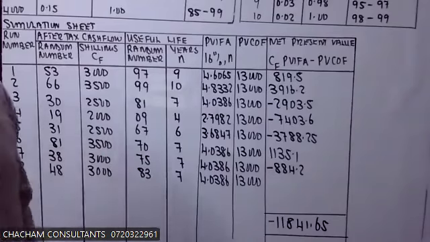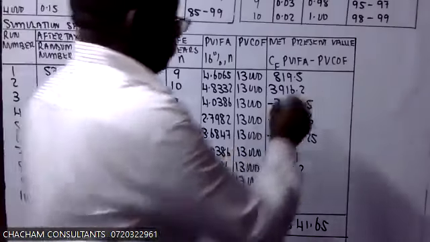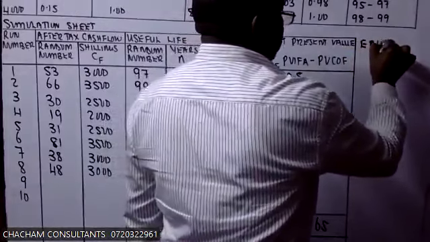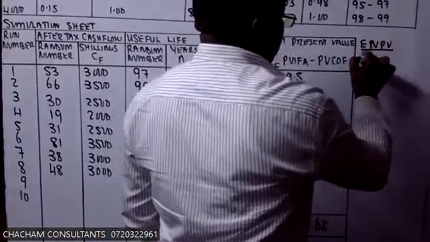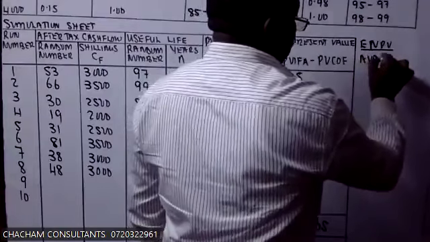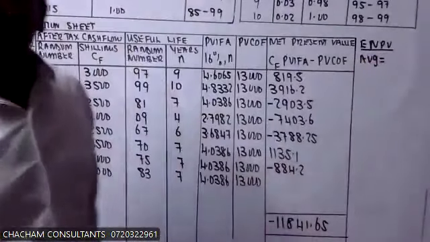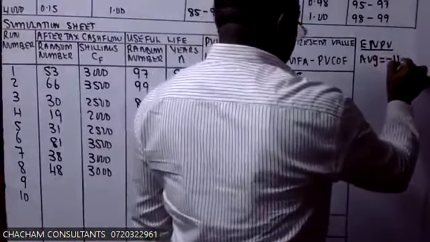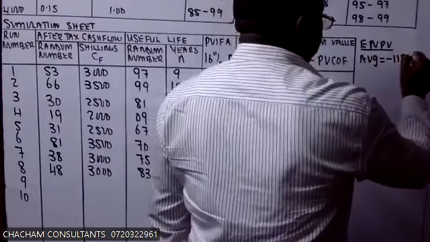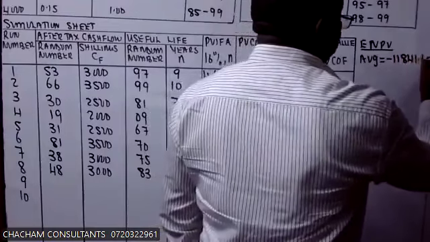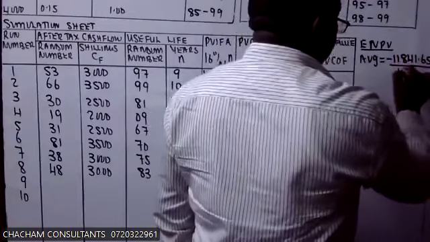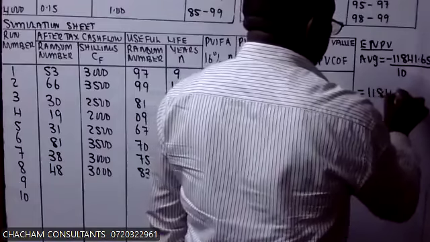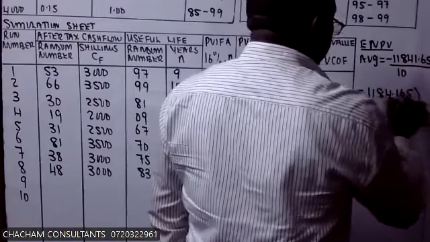When they ask for the expected net present value, the expected net present value is the average. And the average: you get this total, negative 11,841.65. You divide by 10. So this will be 1184.165 negative.